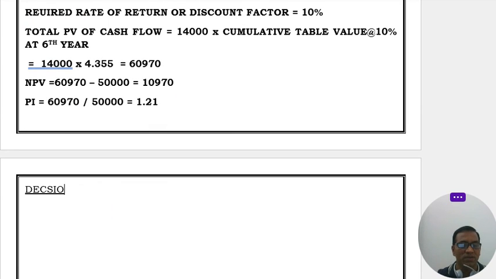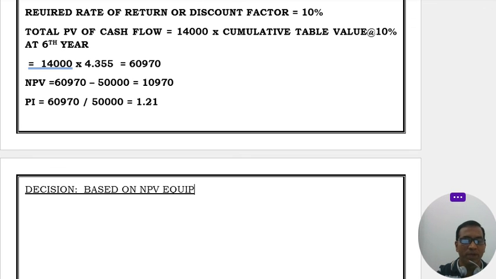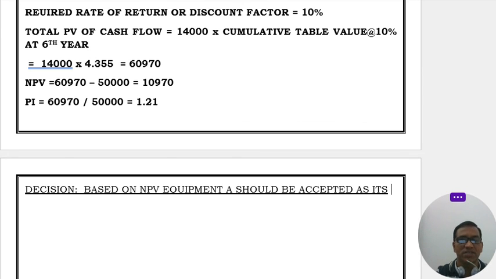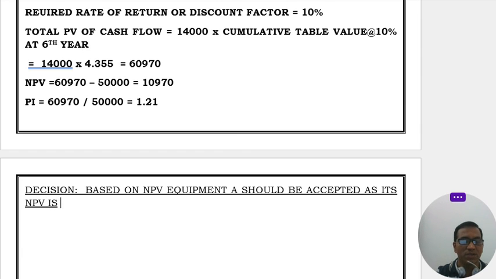So now the decision. Based on NPV, equipment A should be accepted as its NPV is maximum or high.